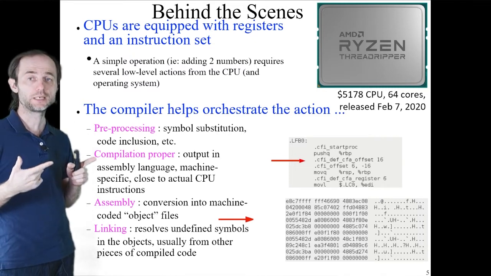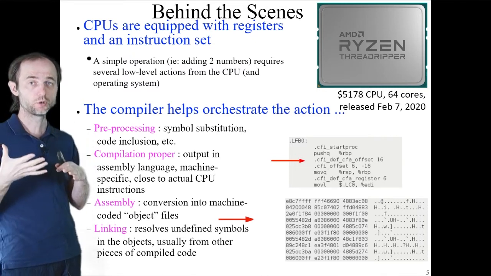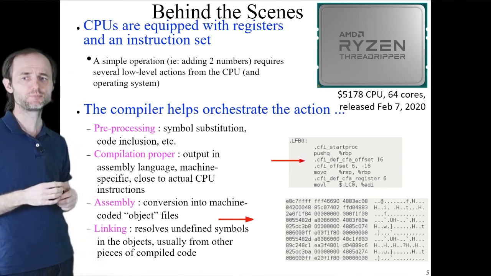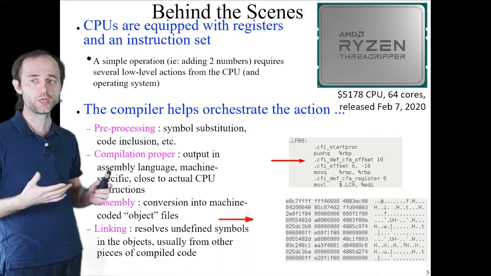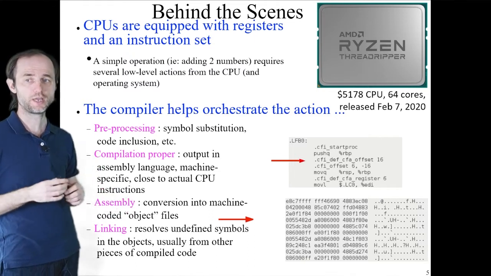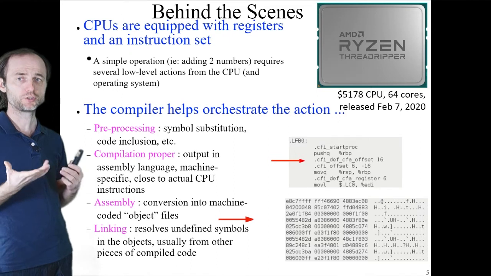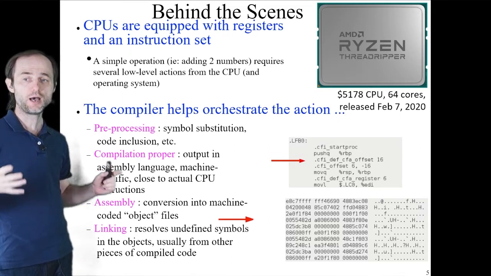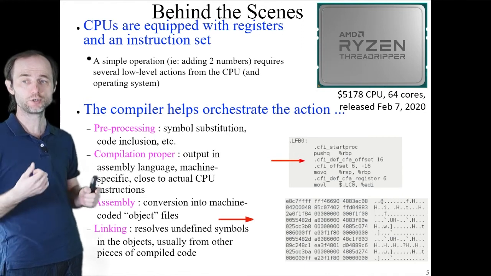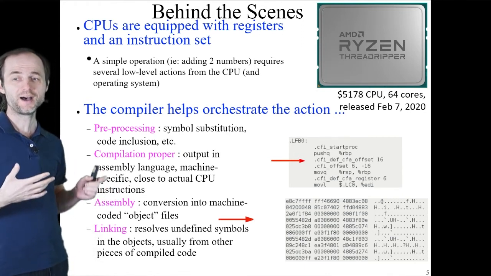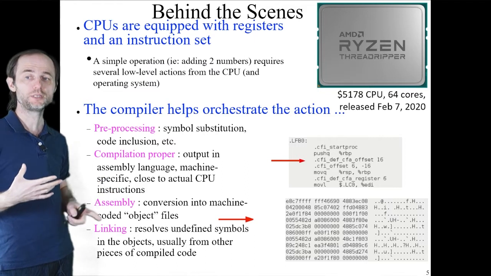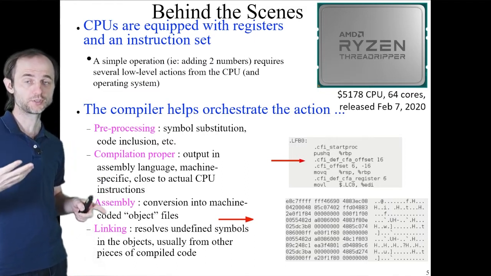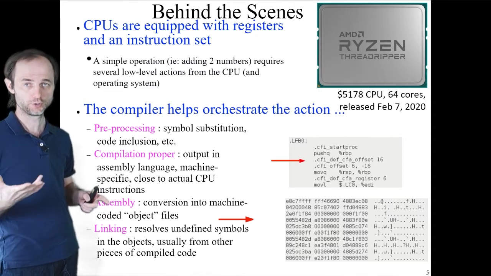So it takes the human readable code and creates the machine specific code that is very close to the actual instructions that the CPU will receive. And then it assembles it into the machine-coded object files that then will be linked to the libraries that the code uses.